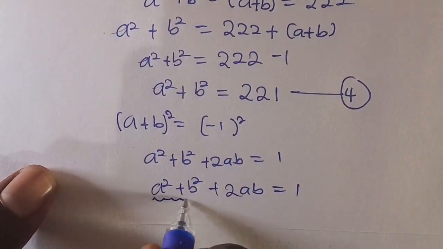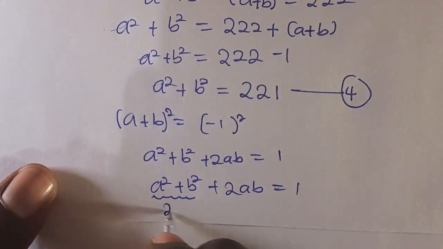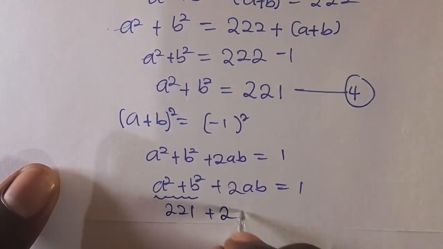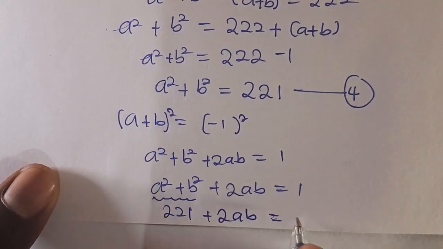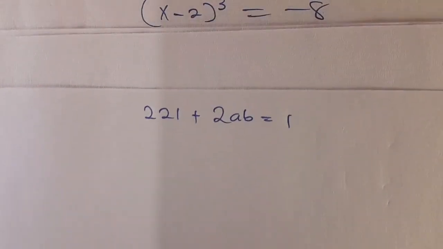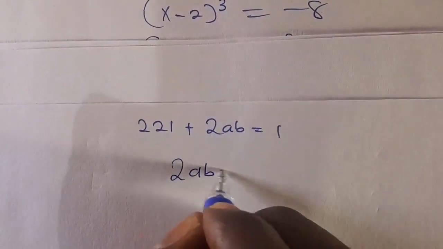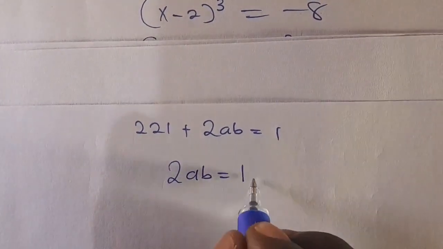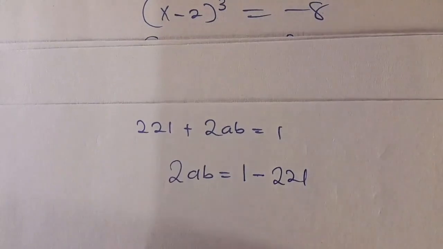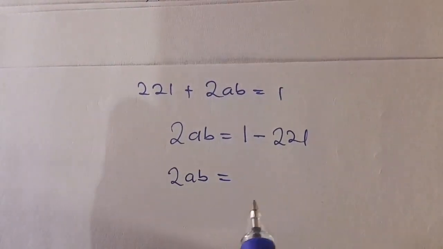But if we got the value of a squared plus b squared to be equal to 221, then 221 plus 2ab equals 1. So when we have this equal to this, we can have our 2ab equals 1 minus 221.